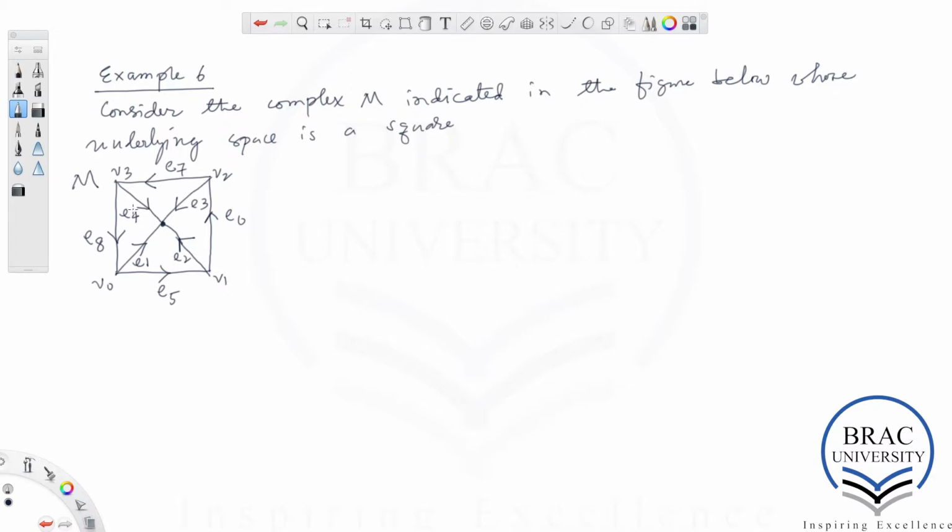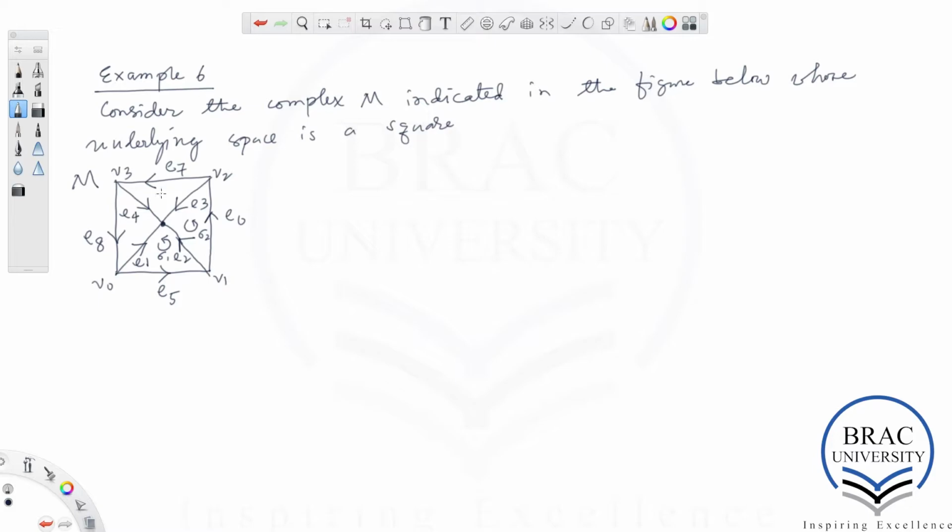Okay, and there are two simplices, right? This is sigma 1 oriented counterclockwise. This is sigma 2 also oriented counterclockwise.